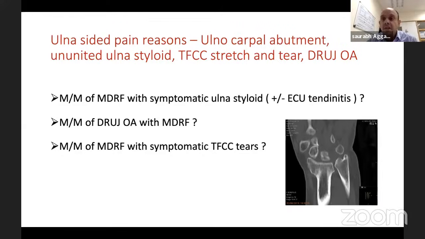But nature is kind, TFCC tends to heal up, and we never get to know. But if there are symptomatic TFCC tears, way to diagnose is clinically, of course. If you put your thumb in the fovea here with ulnar deviation, patient will have pinpoint pain, or an MR arthrogram.